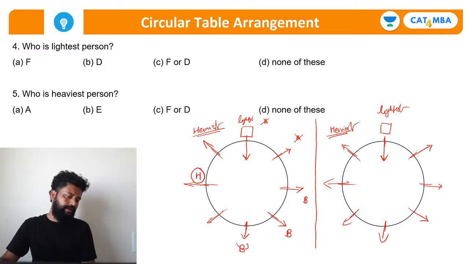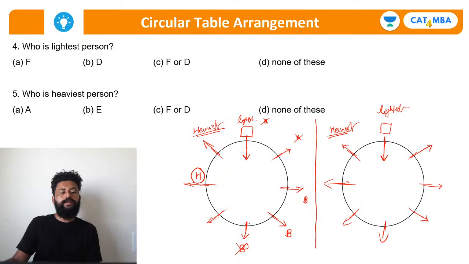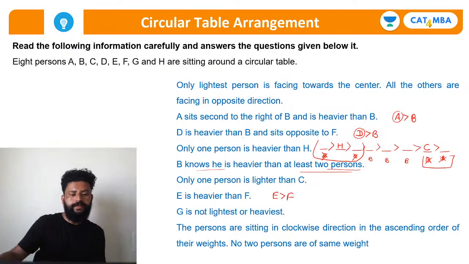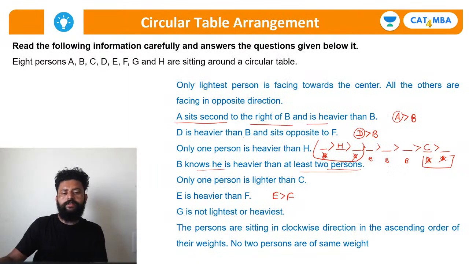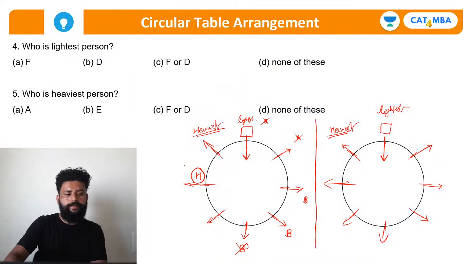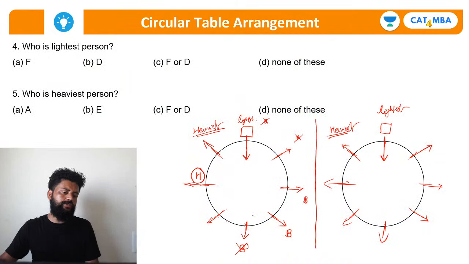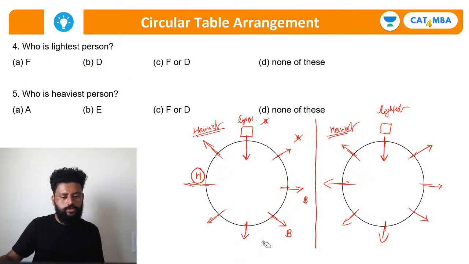And that's where you can neglect this B position, because A must be second to the right of B, and that place is occupied by H. So now we have just two possibilities: B sitting here and A sitting here, or B sitting here and A sitting here. We can go for these two simple possibilities now.